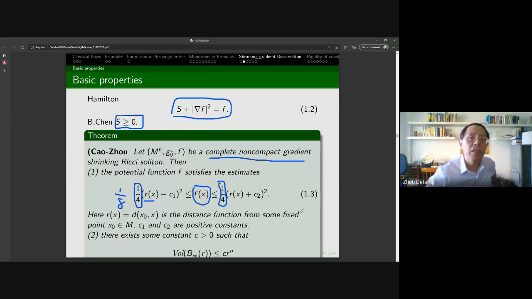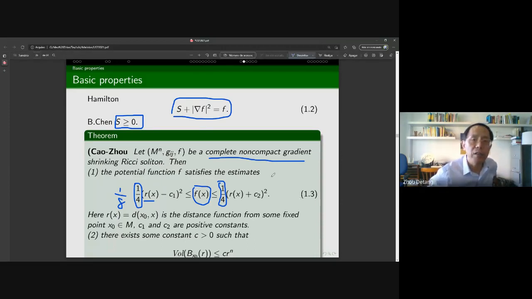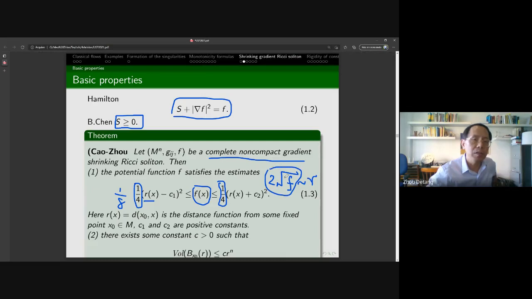That means if you take twice of this f, this function is similar to the distance function r. So on a shrinking Ricci soliton, you have a natural function which is similar to the distance function.